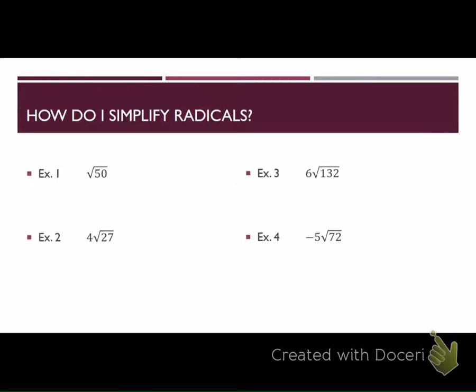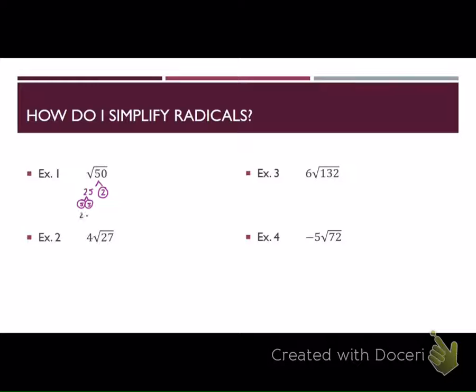Okay, so let's simplify some of these. What goes into 50? What are numbers that multiply into 50? 25. And 25 times what? 2. So 2 is a prime number, so I'm going to circle it. Prime means it can only multiply by 1 and itself. Composite means that it can multiply by more than 1 and itself. What goes into 25? 5. Okay, so we have all prime numbers there.